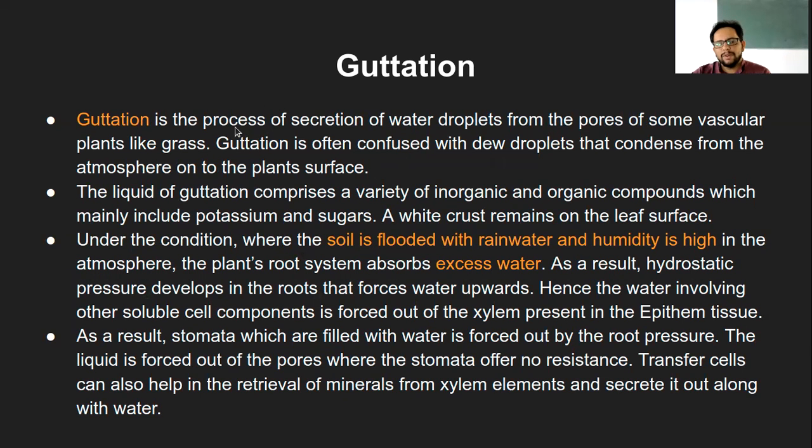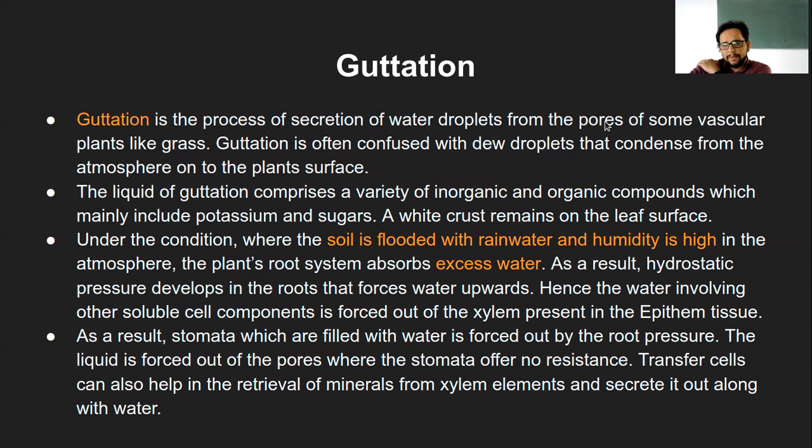So if we have to define it, it is the process of secretion of water droplets from the pores of some vascular plants like grass, right? You can forget the vascular plant part, but it is the process of secretion of water droplets from the pores of the veins at the margin of the leaves.